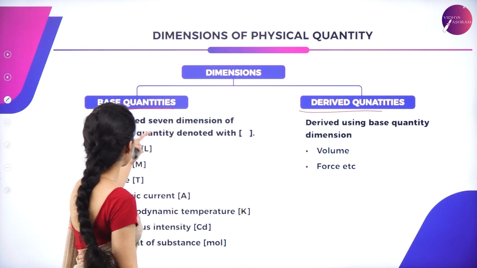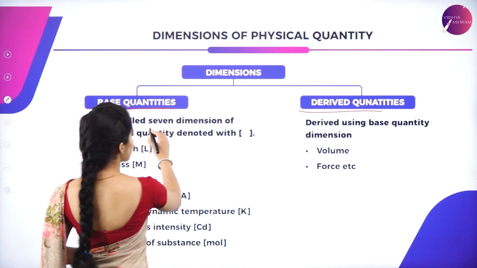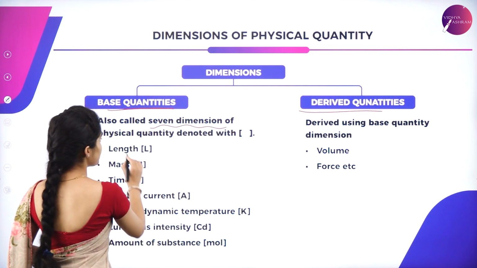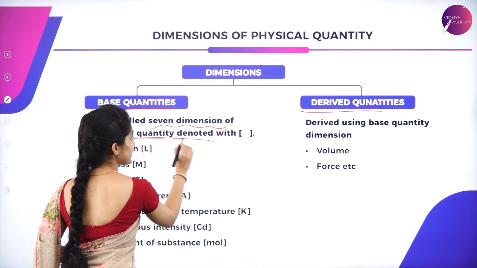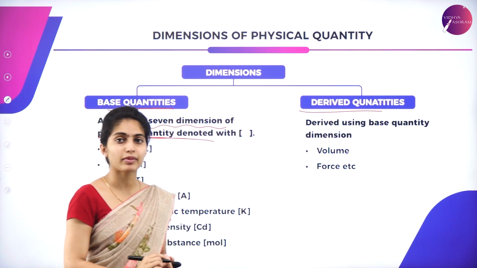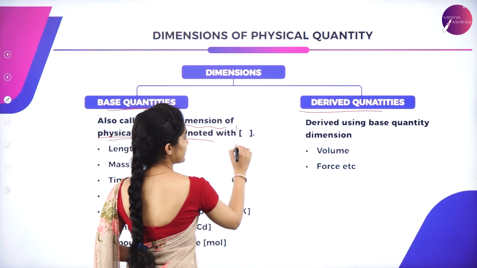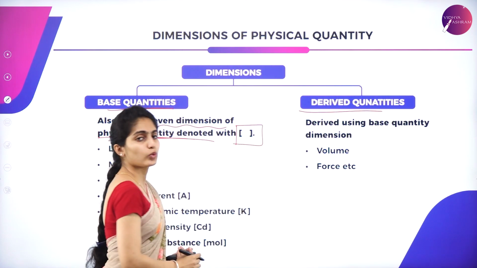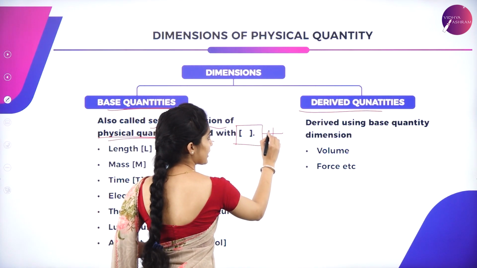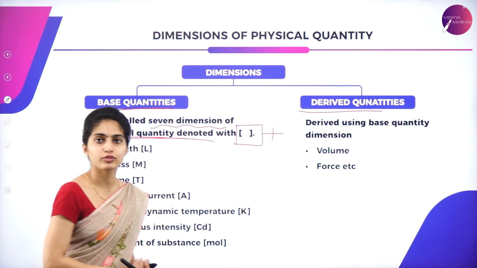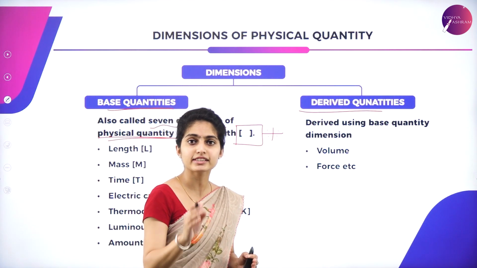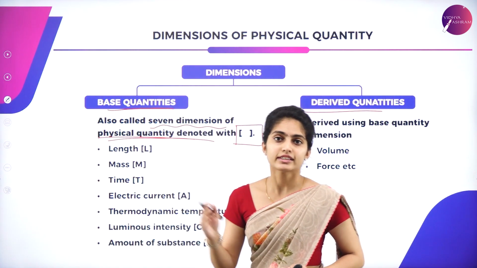In the case of base quantities, we have 7 dimensions of physical quantity, and each is always denoted by a square bracket. The square bracket is very important. Without mentioning the square bracket, it doesn't seem to be a dimension.